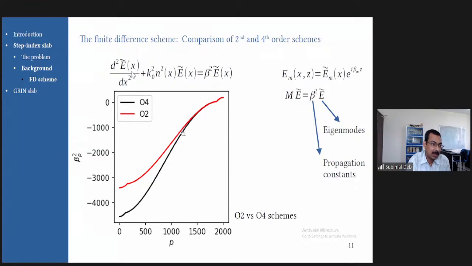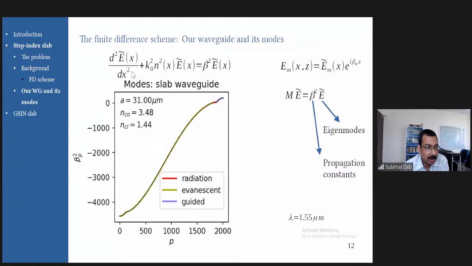So the disagreement in both the schemes is in the higher values of kx, and that is expected because iterative schemes for finding eigenvalues become less and less accurate as you go for higher eigenvalues. But nevertheless, we will see that we need not be concerned with this disagreement, because if you look at the different modes, the guided modes and the radiation modes which we are concerned with, they do fall in the region where both schemes agree.